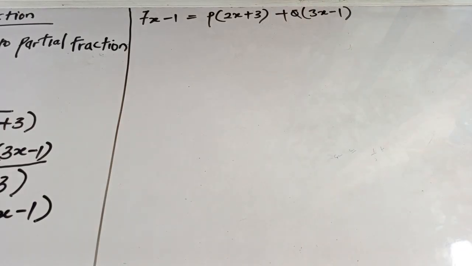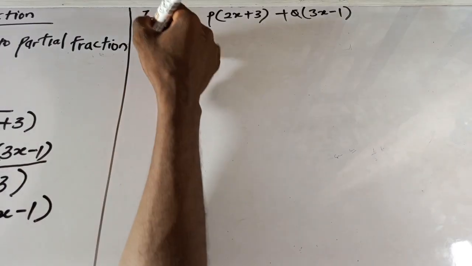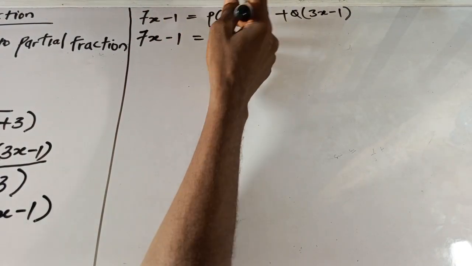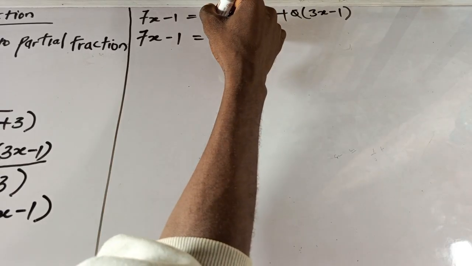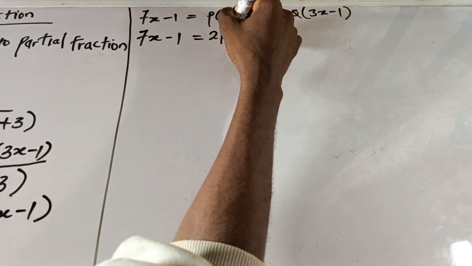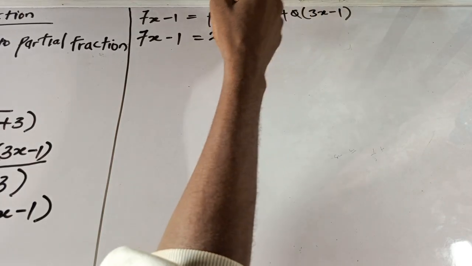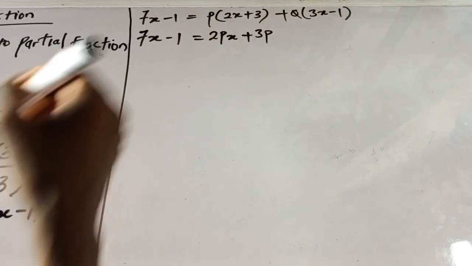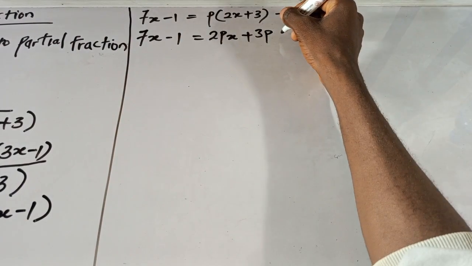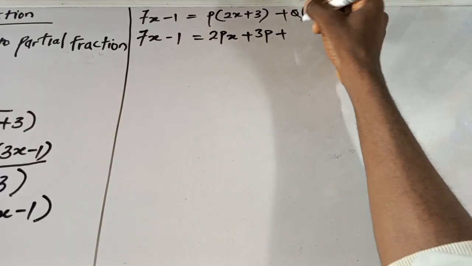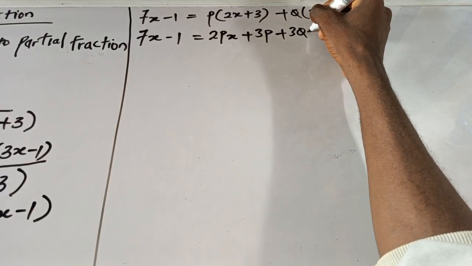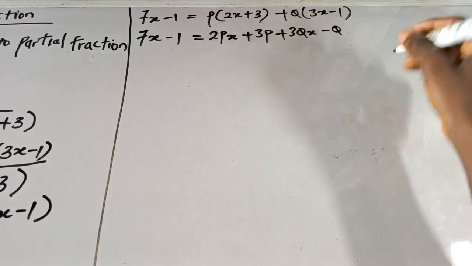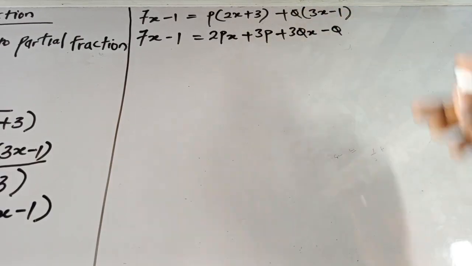Alright, so we can expand: 7x - 1 equals P times this, we have 2px, plus P times this, we have 3p. So next, plus this times this, we have 3qx, negative q, because negative times positive will give us negative q.